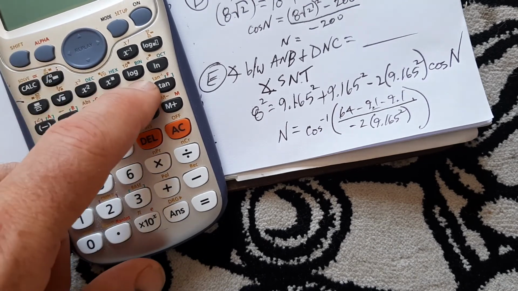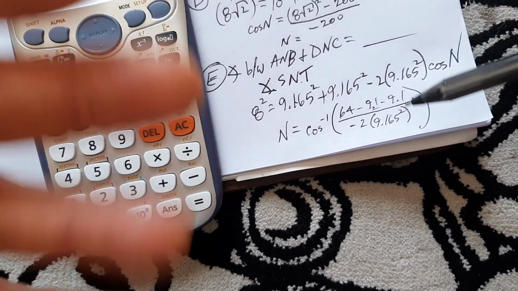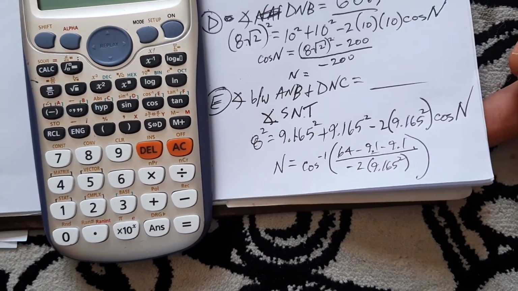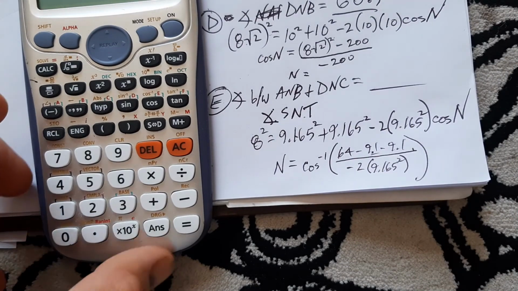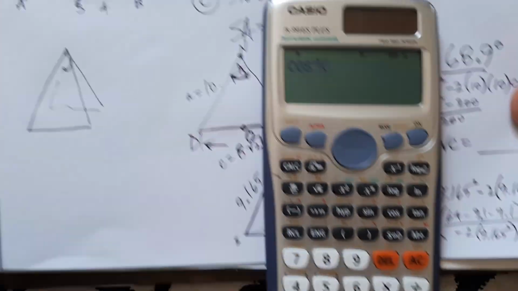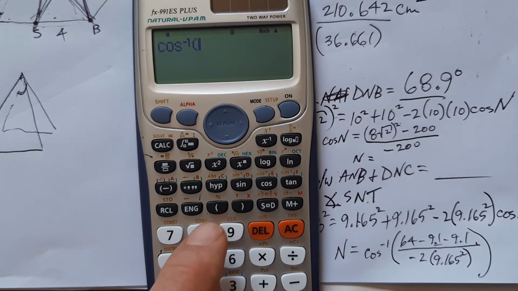So shift cosine. I think on that test, if you're given these, you must have to write a whole bunch down, and then if you mess up on the calculation, you only lose a point or something, I hope. Okay, cosine inverse, let's put another bracket up there.